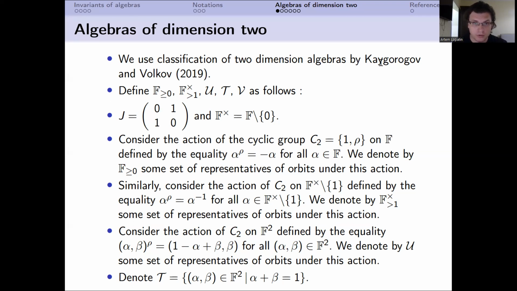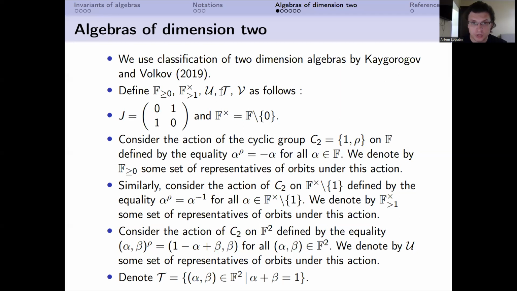It can be found in this paper, and V is some subset of F to the power 4. It should also be mentioned that these sets are not uniquely defined, but they can be defined somehow. We need these sets because now we are going to give a list of two-dimensional algebras, modulo isomorphism. We would like each algebra to appear in this list just one time, and that is the reason for introducing these sets.